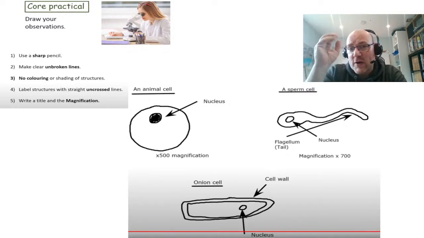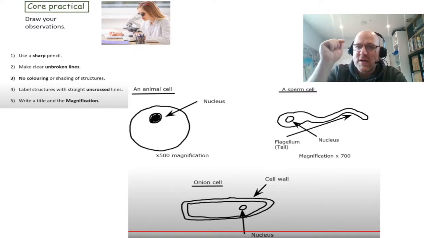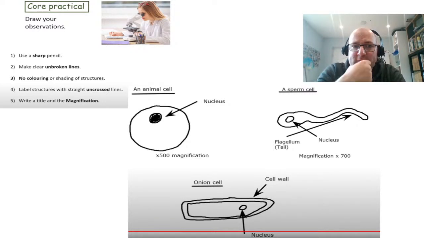They say if you're going to do a microscope drawing, use a sharp pencil, clear unbroken lines, label the structures with straight uncrossed lines, and write the title and the magnification. So there's a mistake in all 3 of these drawings. Can you spot the mistake?